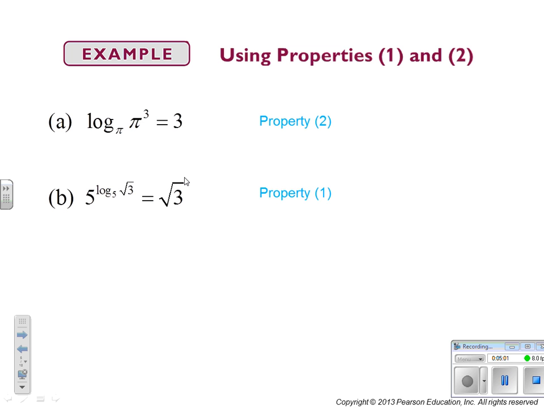If I take log base 5 of root 3 and put it in the exponent of base 5, I just get out the root 3. If I take e to the 0.35t and I take the natural log of it, I just get out 0.35t.